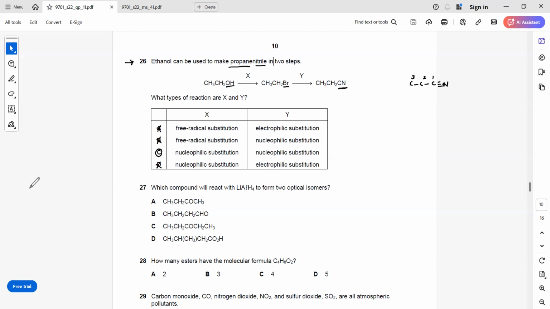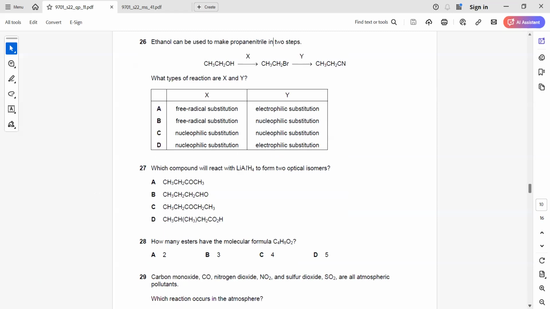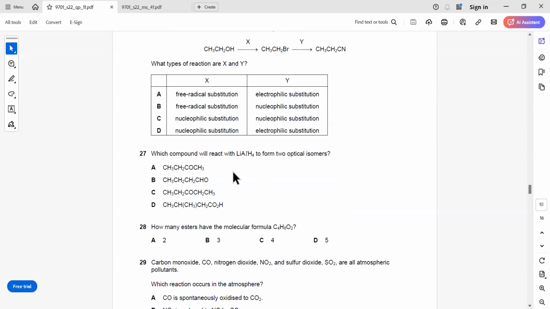Okay, sorry, we were on question number 27. We did that. How many esters? Number 28, this one. Have the molecular formula C4H8O2. Actually, we have to draw to find out the esters.